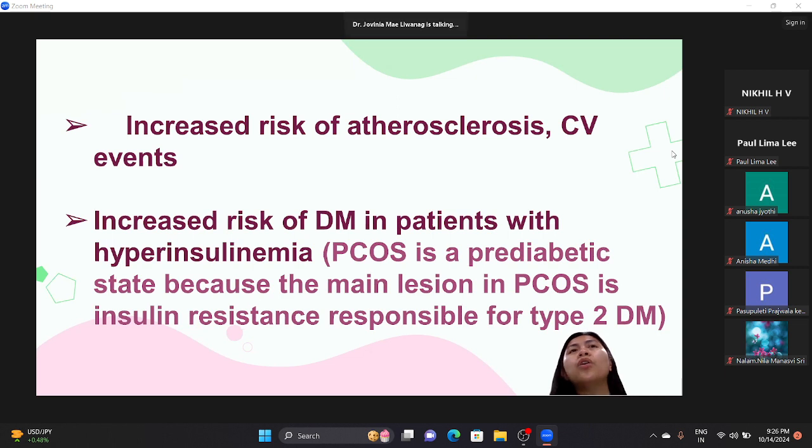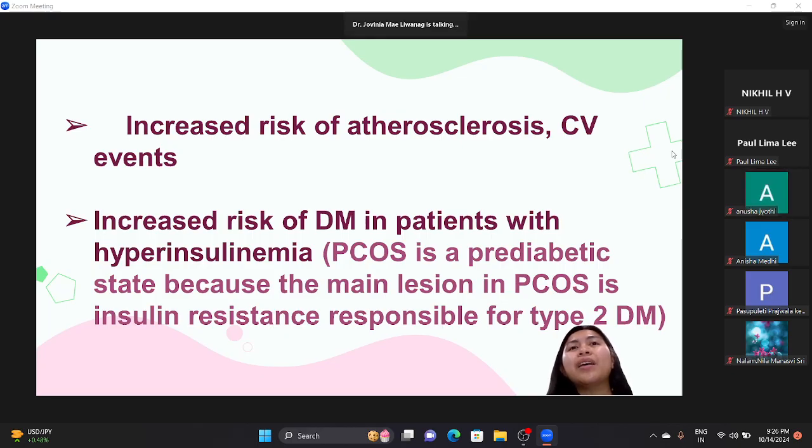So, in PCOS, you have an increased risk of diabetes, and increased risk of atherosclerosis and cardiovascular events. The increased risk of diabetes is in patients with hyperinsulinemia. Why do they tell you that you will have an increased risk of diabetes? Because PCOS is a pre-diabetic state.